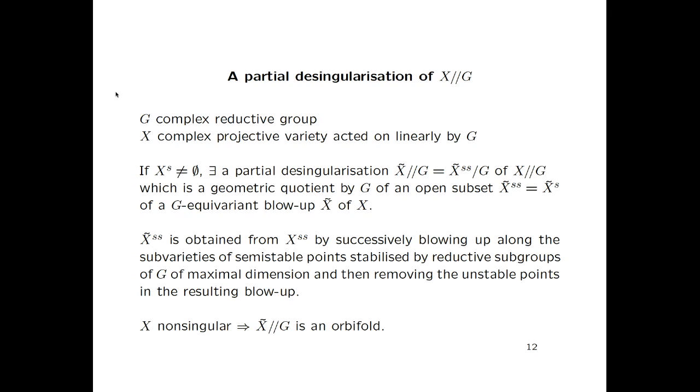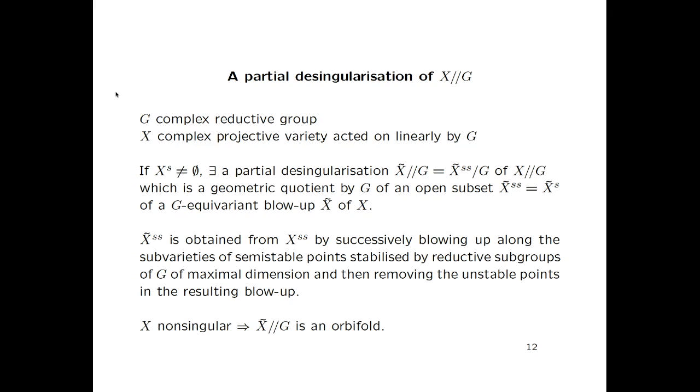So in general, at least if you've got some stable points, you can do a canonical sequence of blow-ups, which get you from your original space X to a new space X tilde, where you haven't modified the stable points of X at all, and you end up with the situation that semi-stability does equal stability in the blown-up space.